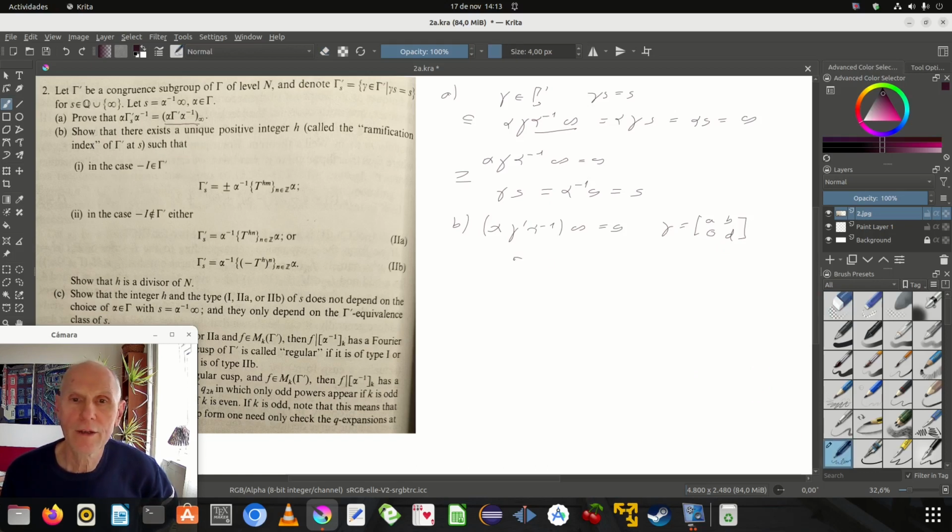And then AD is unity, and the only units among the integers are plus minus 1. And of course B is an integer.